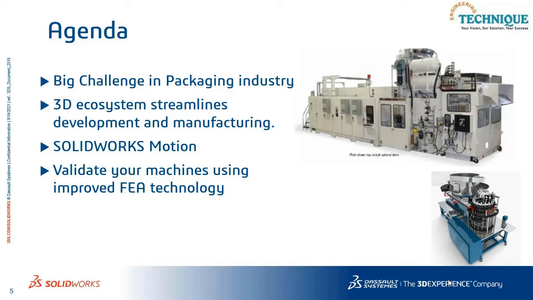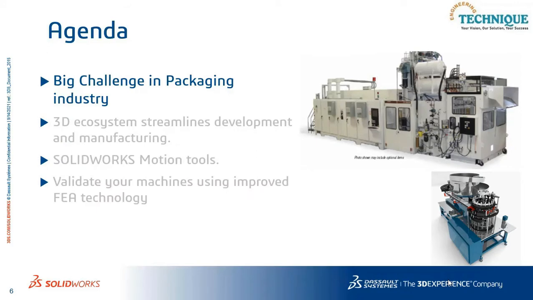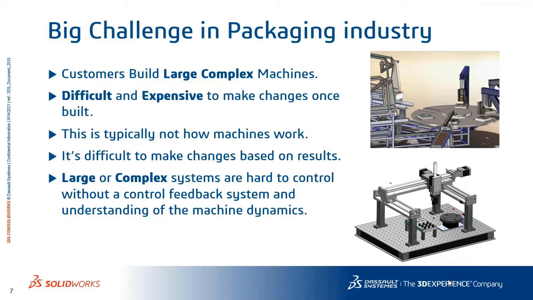As we know, the machines are very big, so with kinematics and dynamics we have SolidWorks Simulation Motion available to check the movement of our machine, whether it is performing as per our needs. Then we have the validation part: how we can validate our machines using improved FEA technology, finite element analysis. Let us start with the first topic, the challenges.